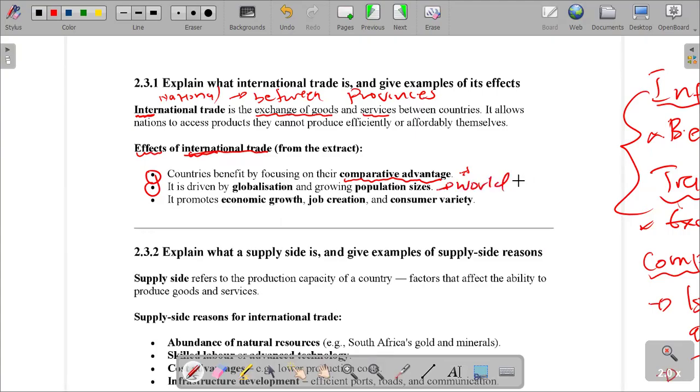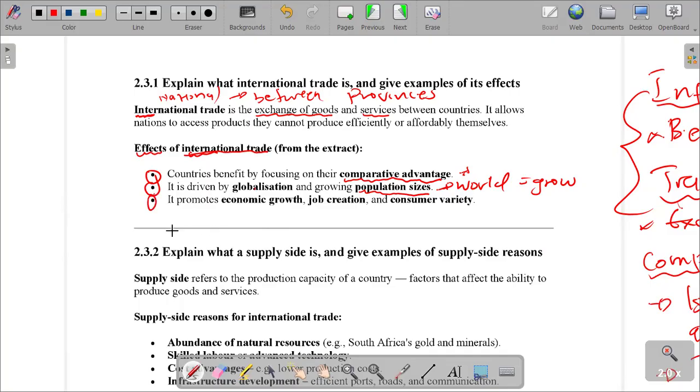So international trade gives into globalization so that population can grow, and as such the economy of countries might grow, products might grow, and the profits of the businesses might grow because of the population and because of globalization.